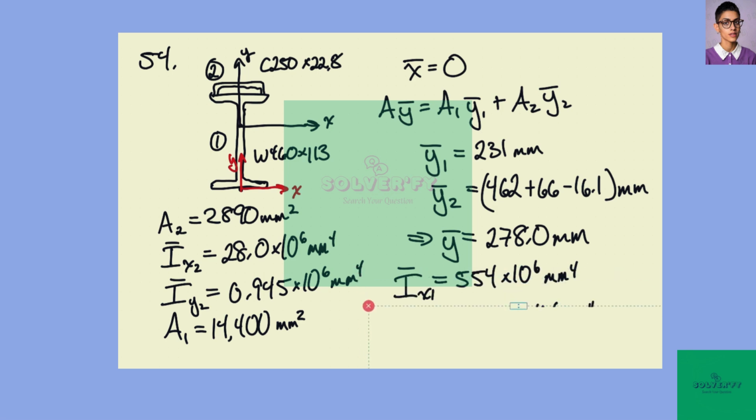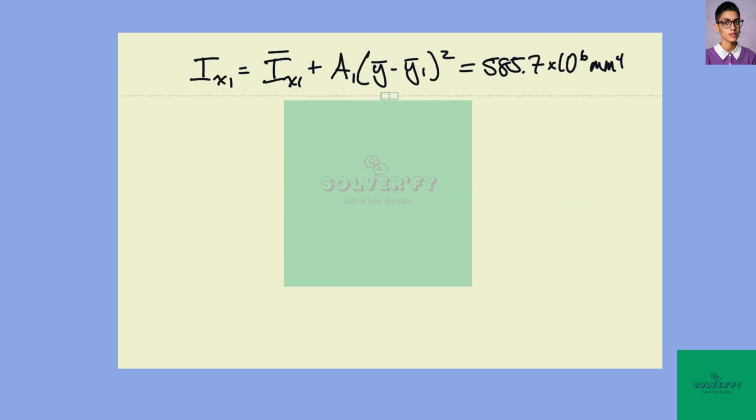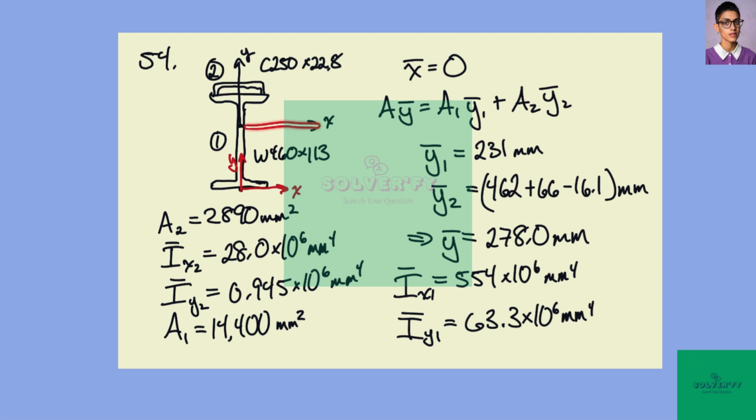Now we can look up the centroidal area moment properties of the I-beam from the table. And we can use the parallel axis theorem to find what they are about the x-axis, this x-axis here.